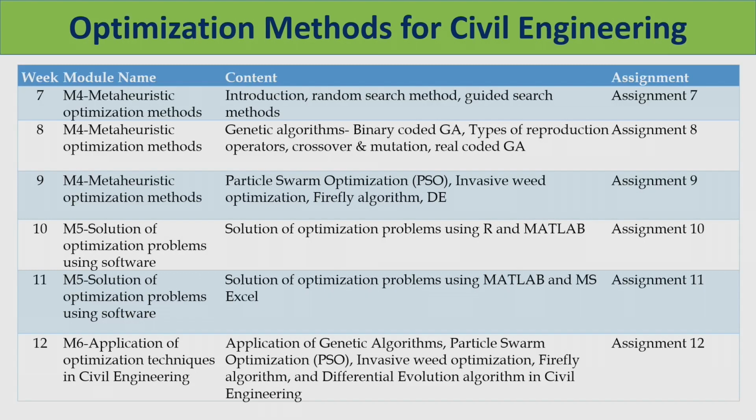And the last week is your module 6: application of optimization techniques in civil engineering. Here we will cover application of genetic algorithm, particle swarm optimization, invasive weed optimization, firefly algorithm in civil engineering along with the classical methods. We will try to solve some problems related to civil engineering in this particular week.